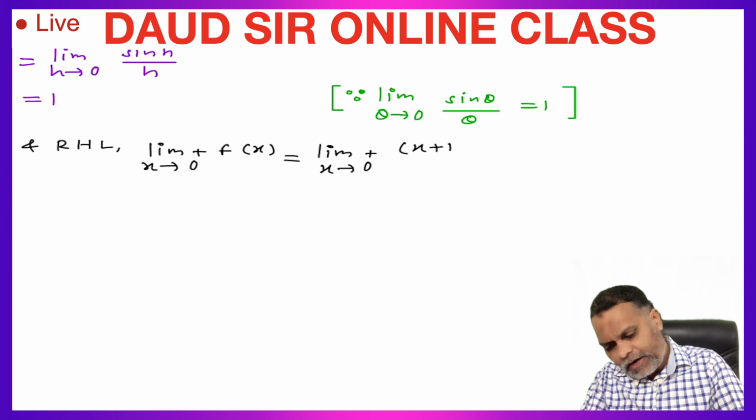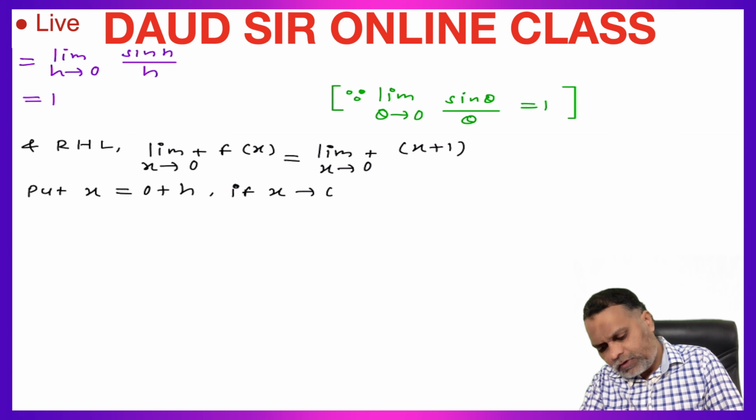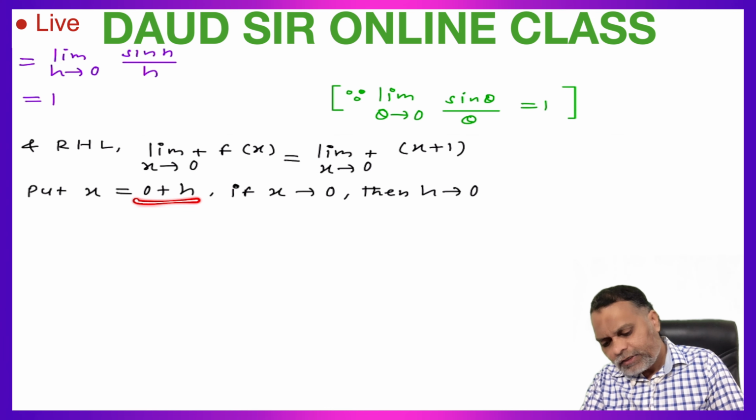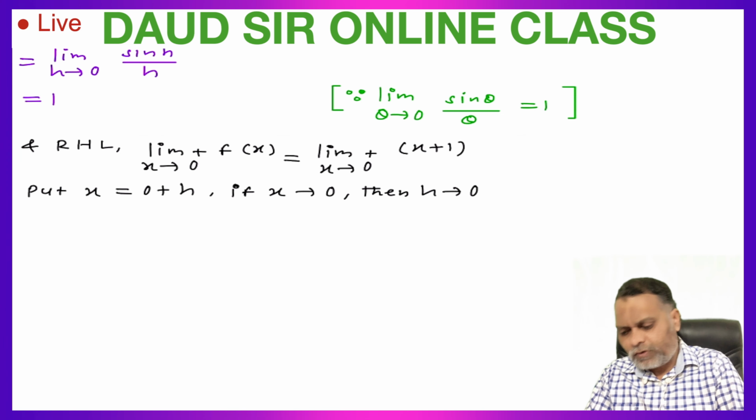Put x is equal to 0 plus h. Change tends to: if x tends to 0, then h tends to 0. How is it 0? Substitute this 0 plus h here, 0 plus h tends to 0, that is h tends to 0.